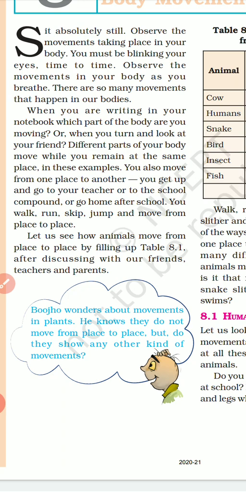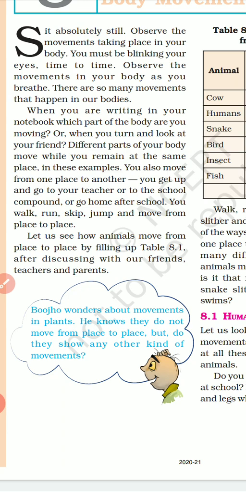He knows they do not move from place to place, but do they show any other kinds of movements? Plants do not move from one place to another, but what kind of movement do they show? They grow, isn't it? They show us the process of photosynthesis. Plants grow from small plant to big plant, right?